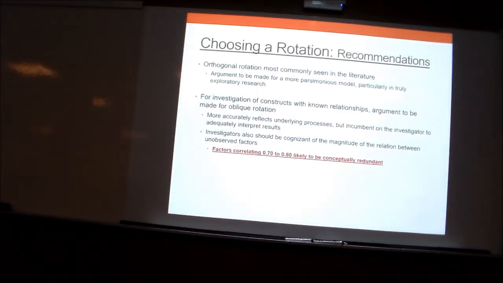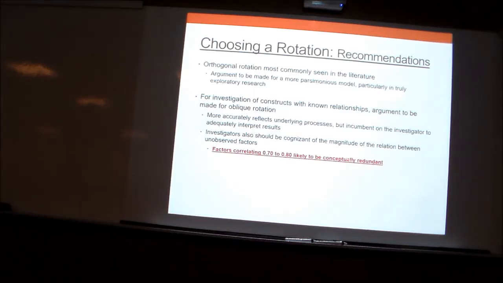You can make arguments for oblique rotations if you know that this is going to be related to this. We've got a more accurate reflection of processes, but you want to make sure that you know what's going on interpreting these solutions adequately.